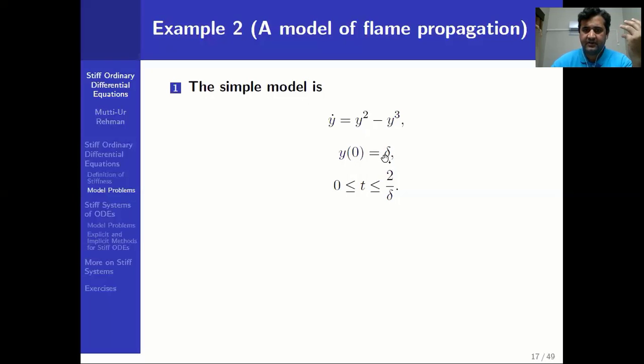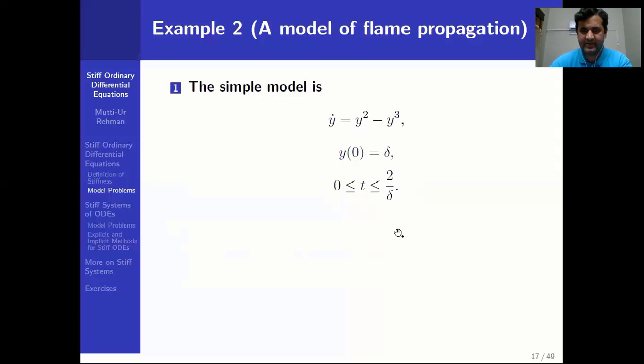This parameter is the radius of the ball at the initial stage. At time t equal to 0, you have the ball of the flame, but its radius is this number delta. It could be very small. You can even vary it. It depends on the time t, so you can see over here that your t has an inverse relation with delta. So what will happen with the flame?